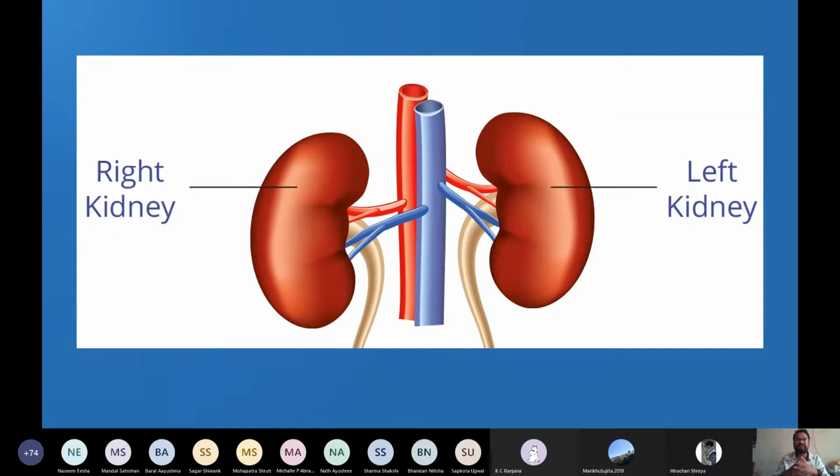They used to extract those by crushing these organs. When the person is dead, they would crush the organ, squeeze out the liquid inside and then test it. When they tested the juice of the kidney, they found that it increases BP in animals.